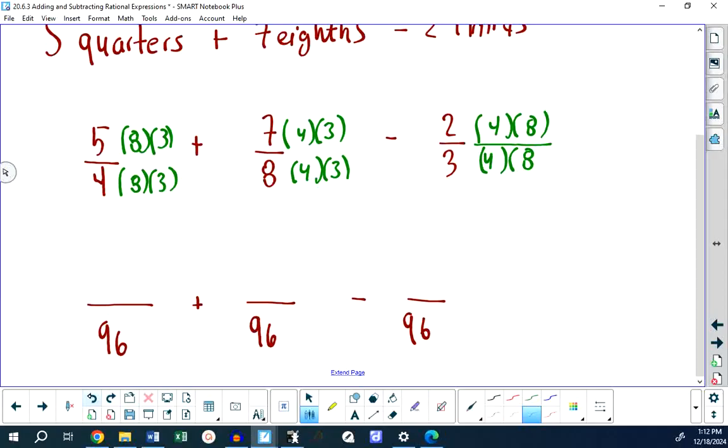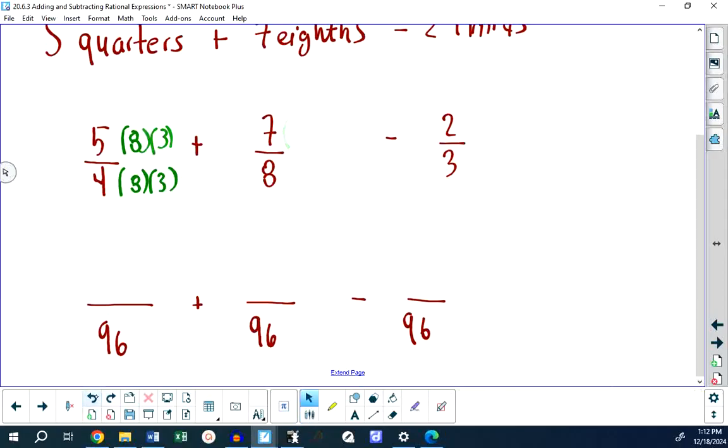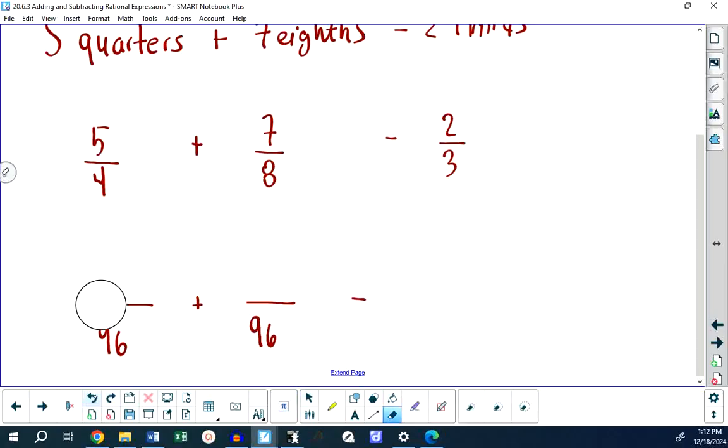Now let me ask you a question, Sawyer. How did you figure out that that's the lowest common denominator? All of them go in there, so all of them divide into 24 without remainder. So you kind of saw it.